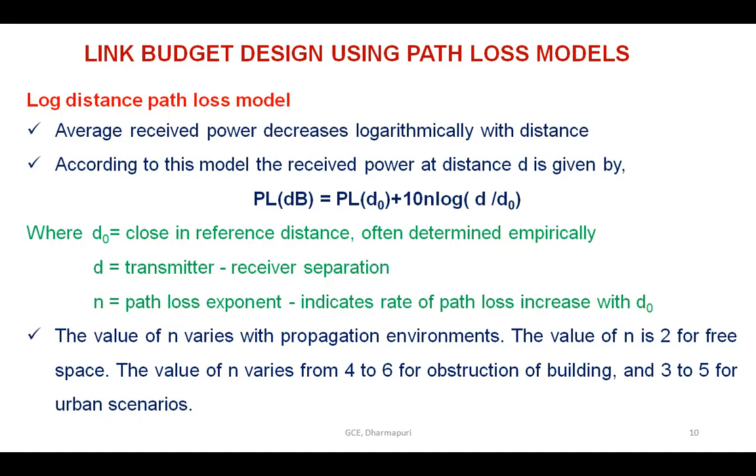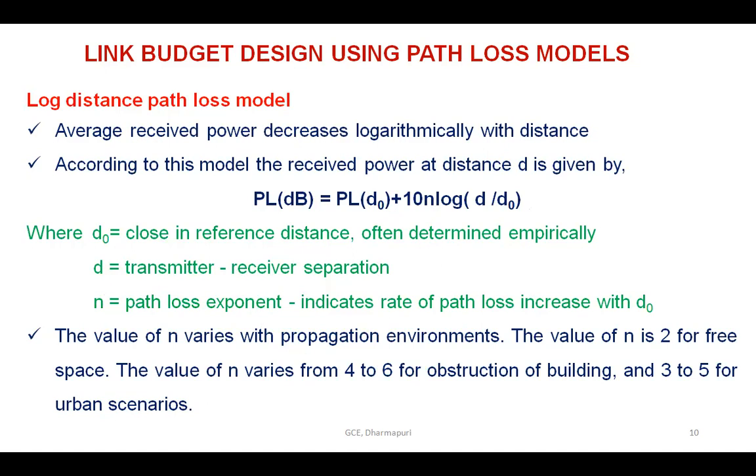According to this model, the path loss PL of d is equal to PL of d naught plus 10 n log of d by d naught, where d naught is the close-in reference distance, often determined empirically, d is the transmitter receiver separation, and n is the path loss exponent, indicating the rate of path loss increase with distance.